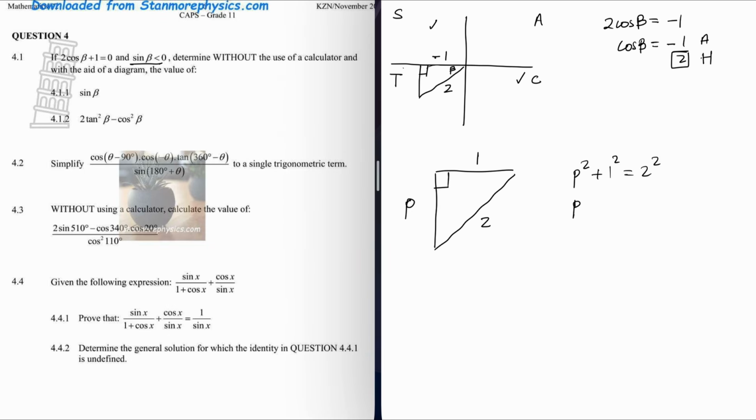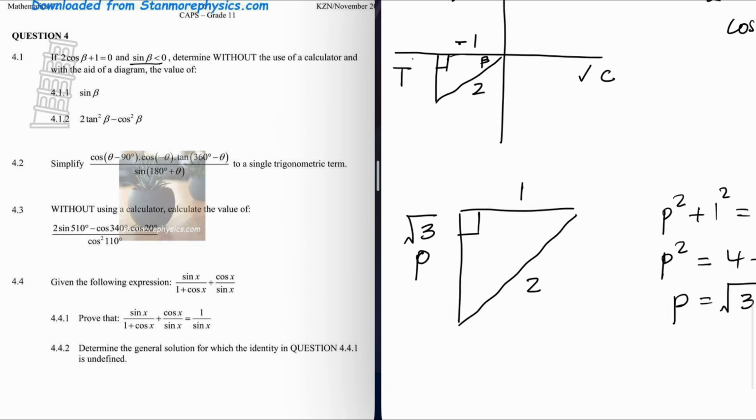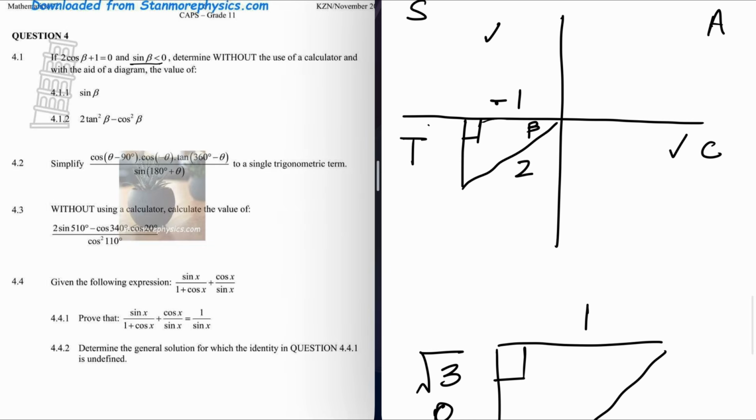That means p squared is equal to 4 minus 1. P is therefore equal to the square root of 3. Now, bringing it back to our Cartesian plane, because these are negative y values, this length here must be negative square root of 3.